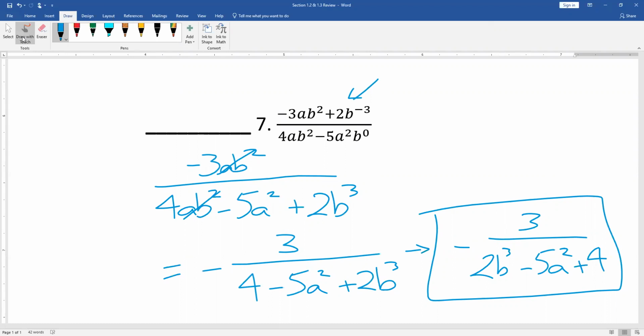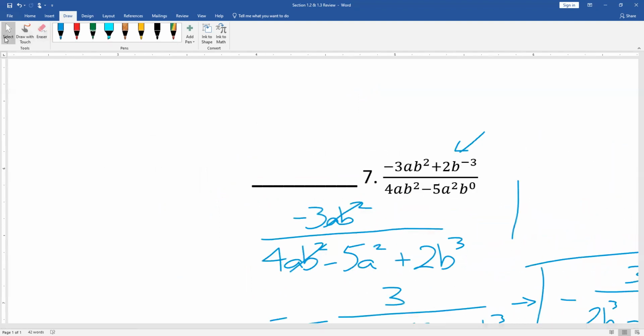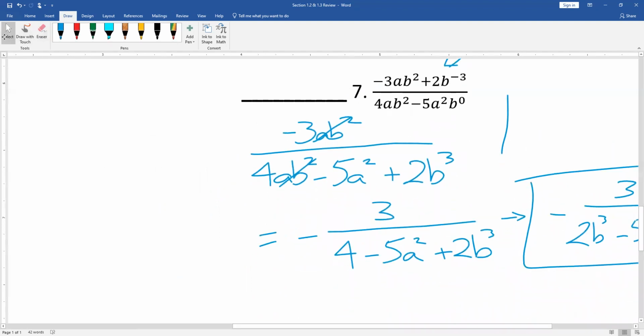Then you move it to the denominator, as well as eliminating that b to the power of 0, because a 0 exponent is just the number 1. The main points of this problem are the negative exponents, as well as the 0. Okay, all right, moving on.